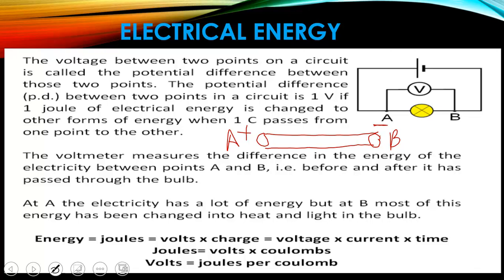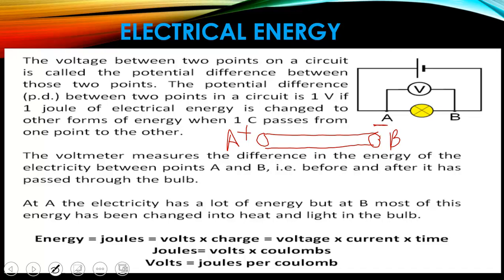If we want to transfer a quantity of electricity from point A to point B, this means that the battery will push the electrons to move from A to B. Pushing electrons through the conductor means the battery must do work to transfer electrons from A to B.